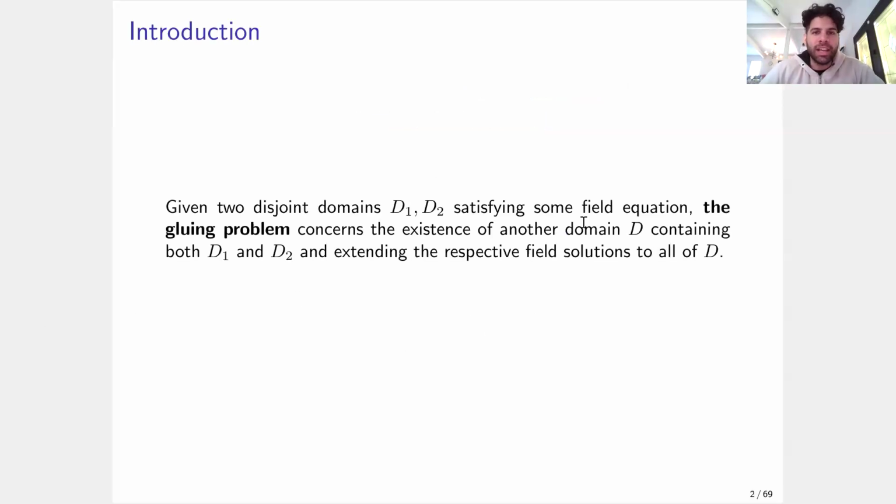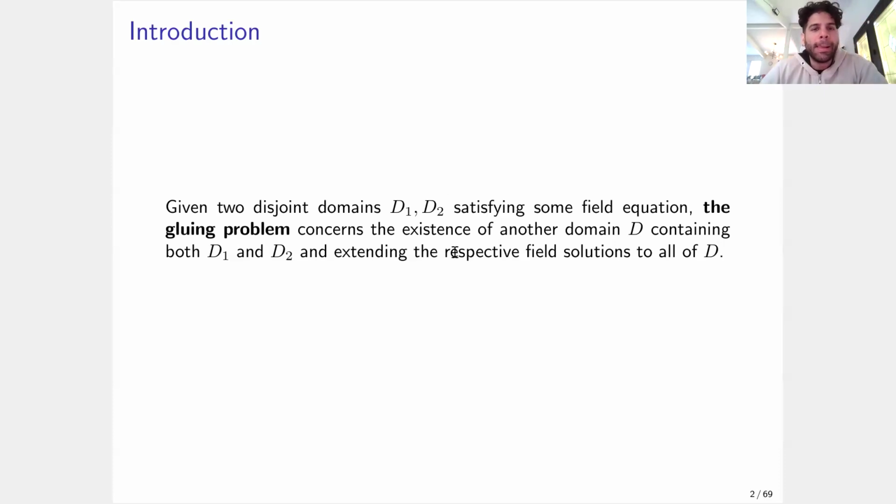All right, so let's start with a gentle reminder of what we discussed. We discussed a gluing problem where we have two regions, each satisfying some kind of equation. So you have a specific field satisfying an equation, and then you want to find a bigger region which has a field that satisfies the equation, and the restriction of that big field in each of these domains retrieves the original ones.